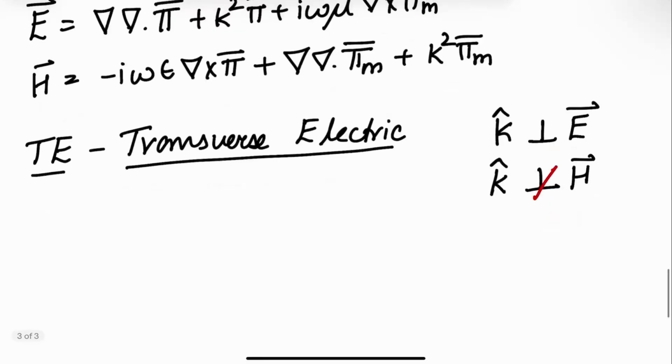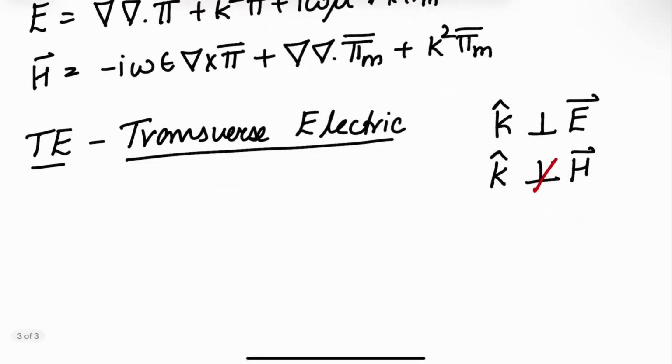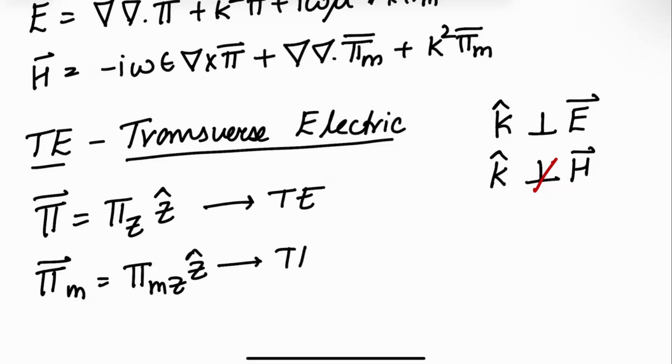Okay, so it is known that if I set pi equal to pi z, z hat, this gives me the TE solution. And if I set pi m equal to pi mz, z hat, this gives me the TM solution. So this is sort of a known fact.